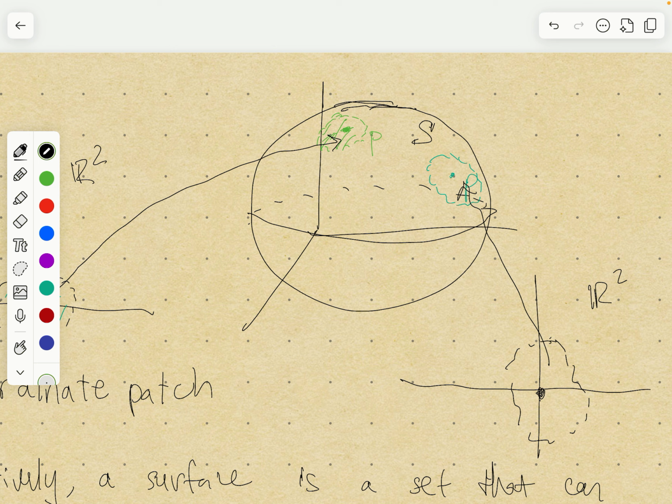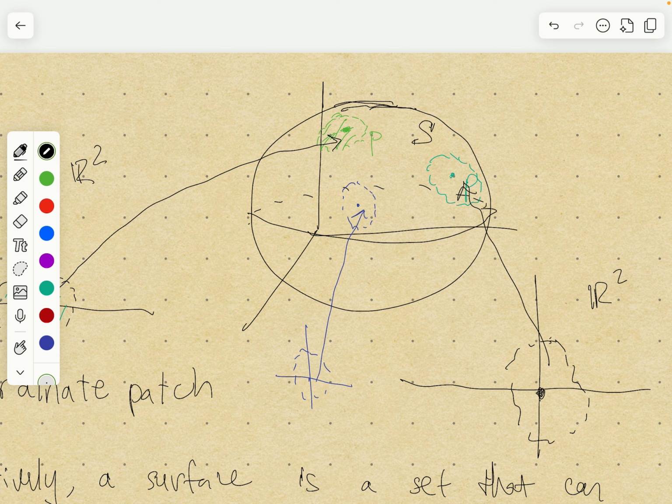But we're talking about a sphere, and the sphere can be patched together by open sets in R2. Whenever you take a point on the sphere, when you look at the points in the immediate vicinity, it can be covered by an open set in R2, like that. So what that means is that the sphere does not have a boundary, because every point can be covered by a patch that is actually an open set in R2.